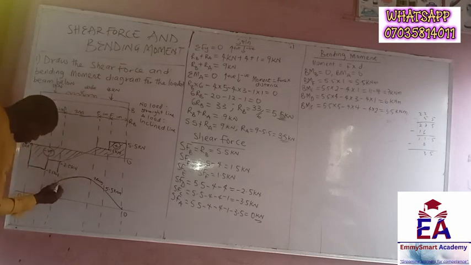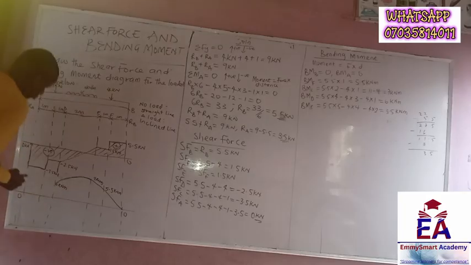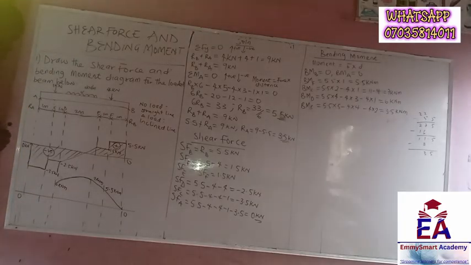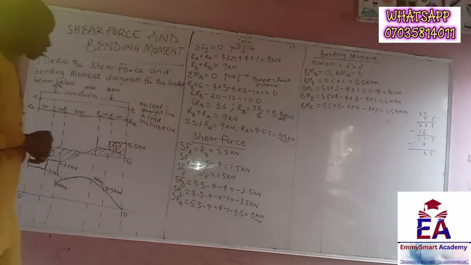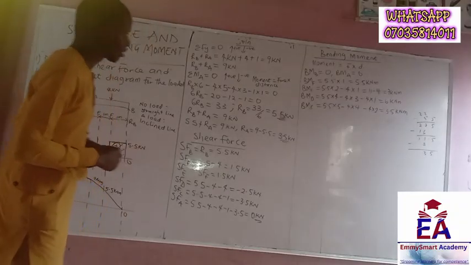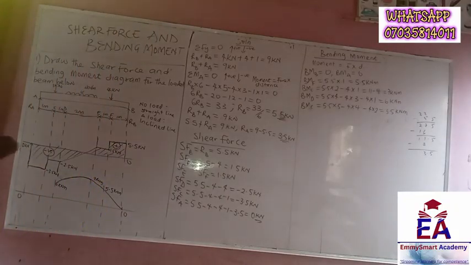Here is 6 kilonewton meter. Okay, so the bending moment at point C should be 3.5 kilonewton meter.